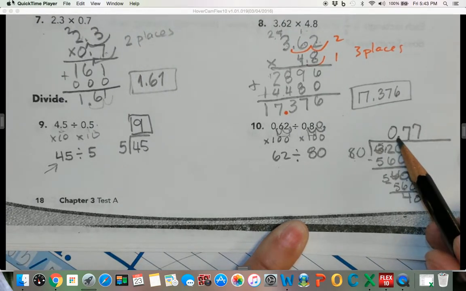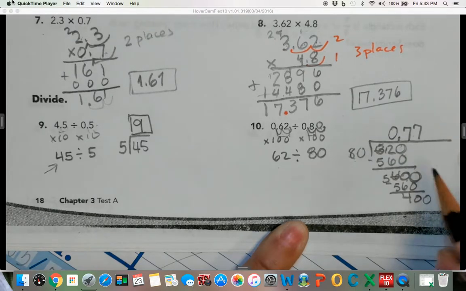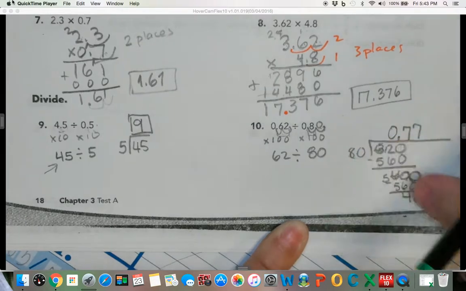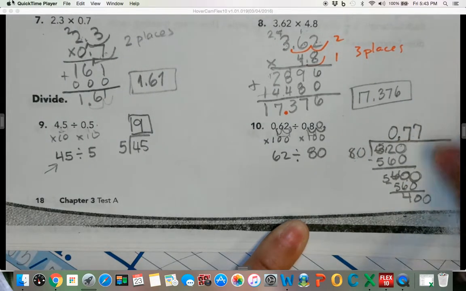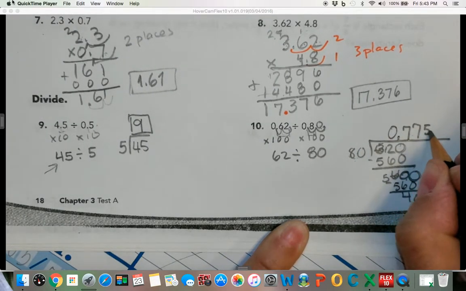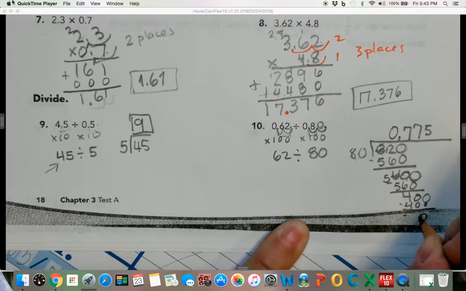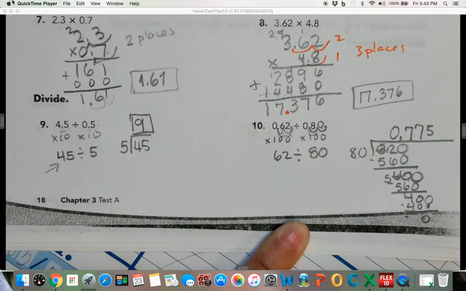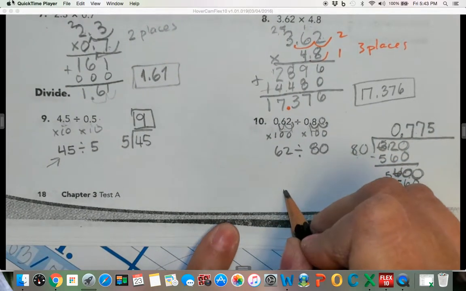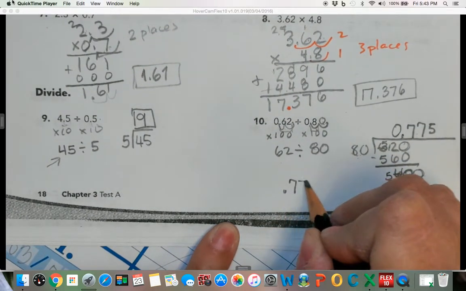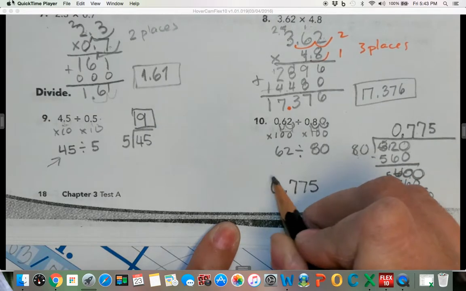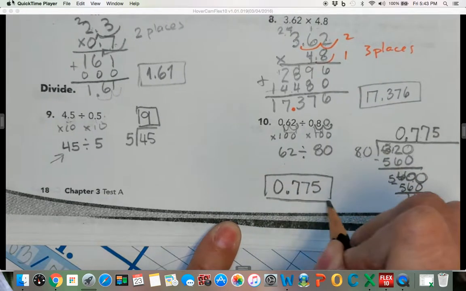Since I already have a decimal here, I add a 0. 80 into 400 is like saying 8 into 40, which I know is 5. 5 times 80 is 400. There's nothing left. My answer is 775 thousandths.